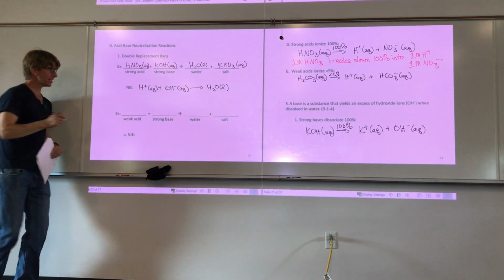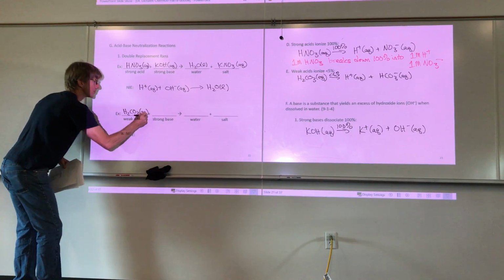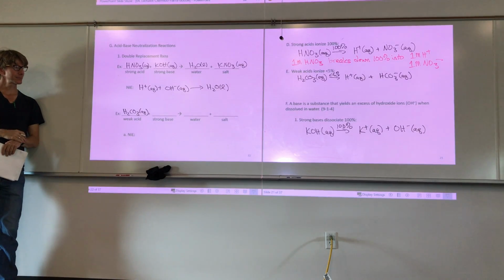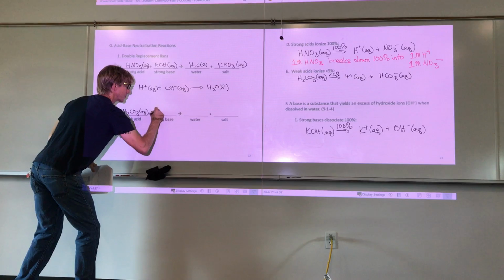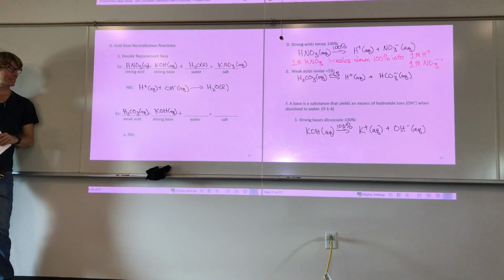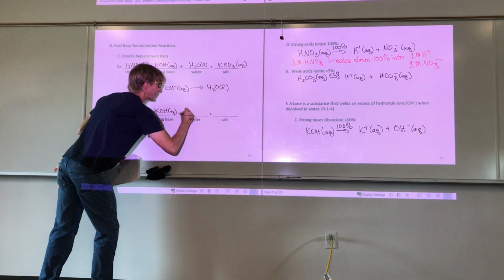In the weak acid case, this should be interesting. Now we'll take carbonic acid. That is an interesting choice, by the way, but it'll still work. We will make water.